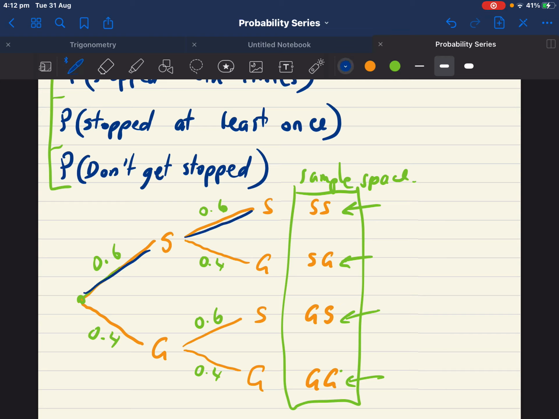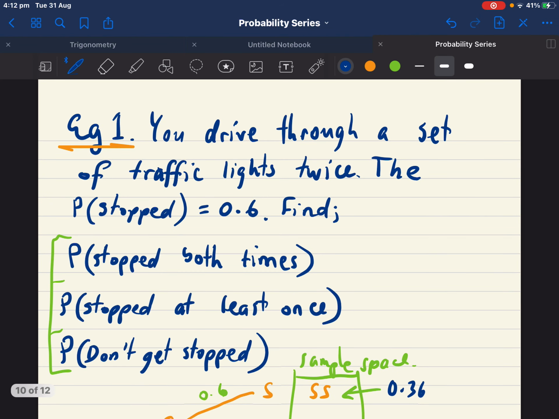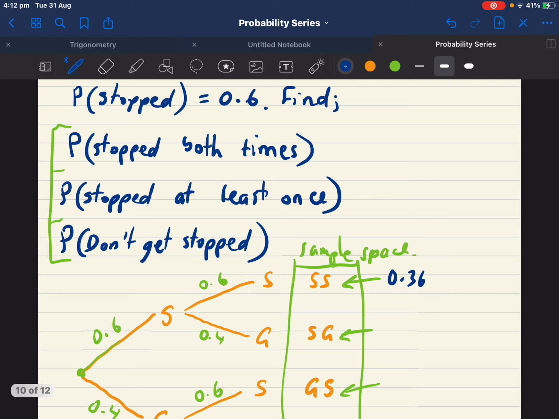So to find that probability, you multiply the probabilities on those arms. 0.6 times 0.6. You have, for this traffic light, a 36% chance of getting stopped both times. I know it was a 60% chance of getting stopped each time, but to be unlucky enough to get stopped both times, not getting through even once, that's going to happen 36% of the time.